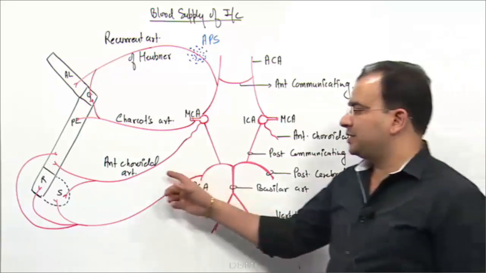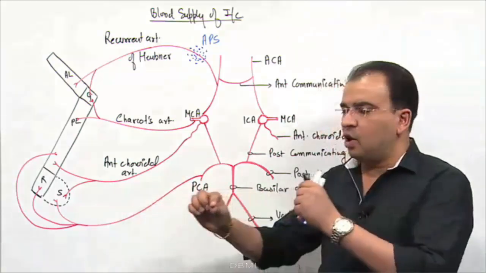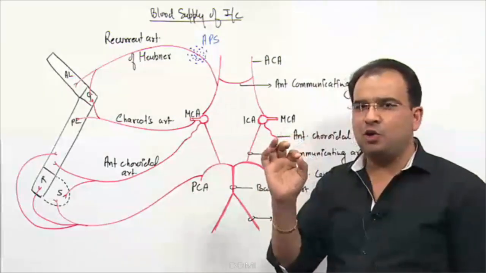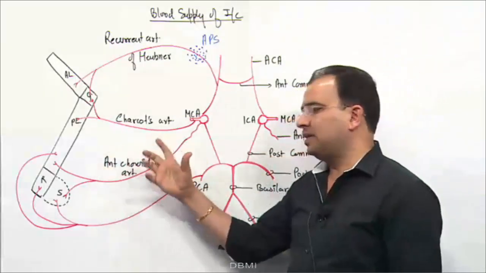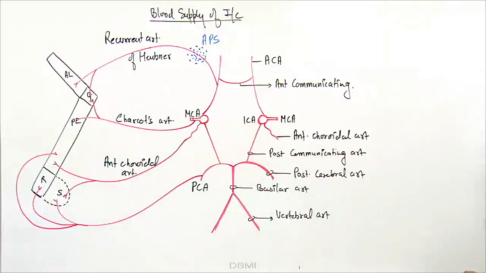Why do we call it the artery of cerebral thrombosis? It's a very long artery with a very narrow lumen, so it can easily be occluded by a thrombus. So we call it the artery of cerebral thrombosis.